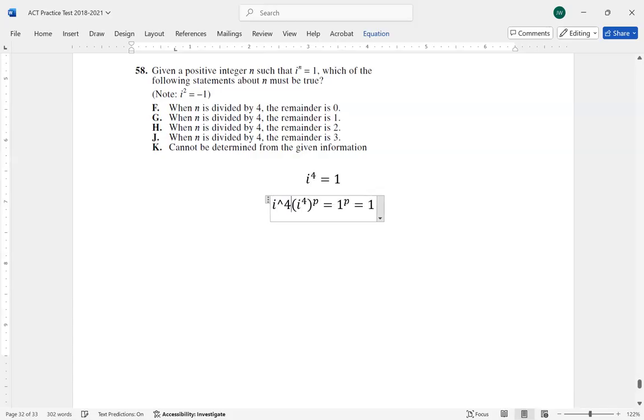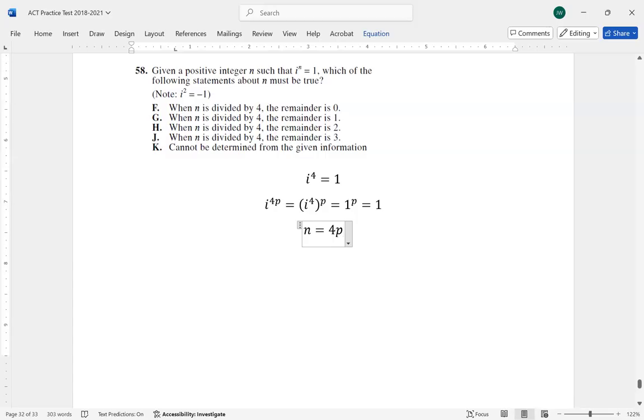This means, using the power rule of exponents, anytime I raise i to a power that looks like 4 times p, I get 1. And that's the only time. If I have different powers, I don't get 1. And that means if i raised to the nth power is equal to 1, then n has to be 4 times p, where p is an integer.